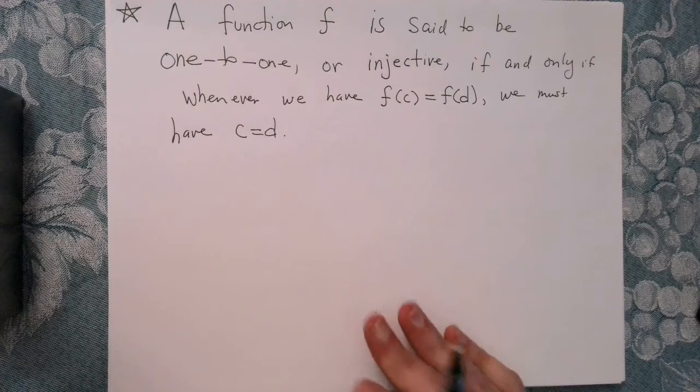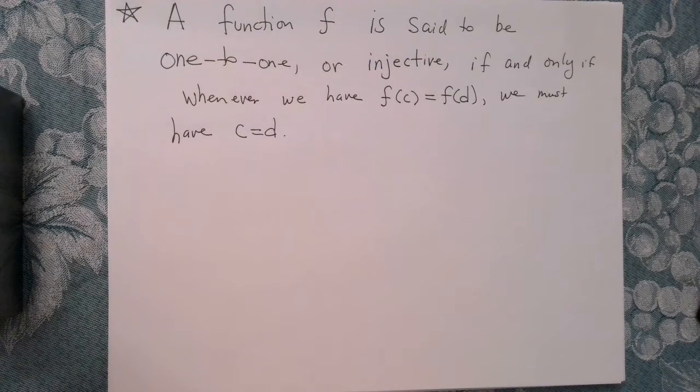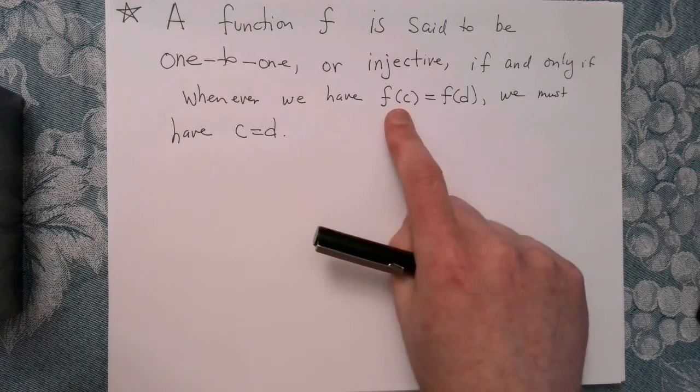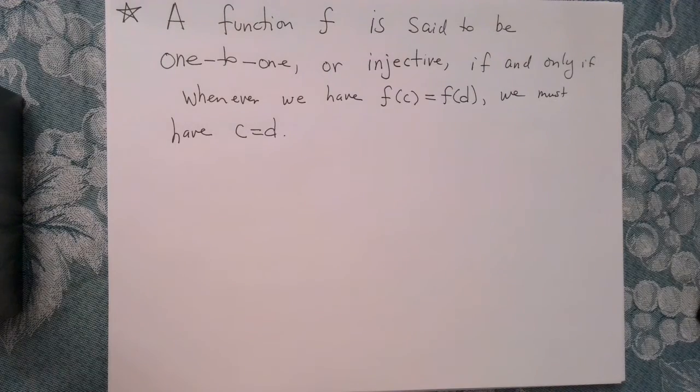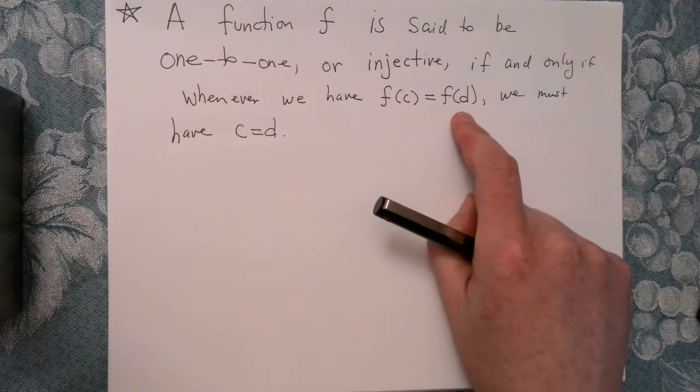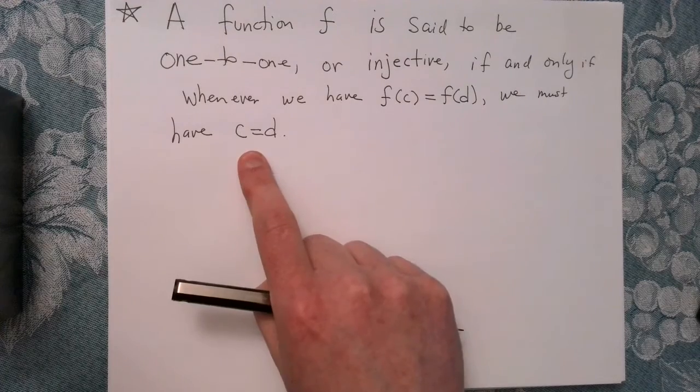So you might want to stop and pause and think about it, and maybe sketch a graph. Think about what the statement says. So whenever I have equal y values, essentially, that came from the same x value.